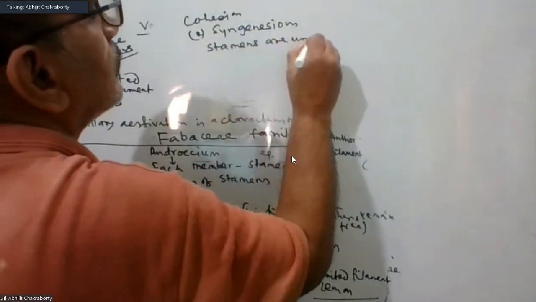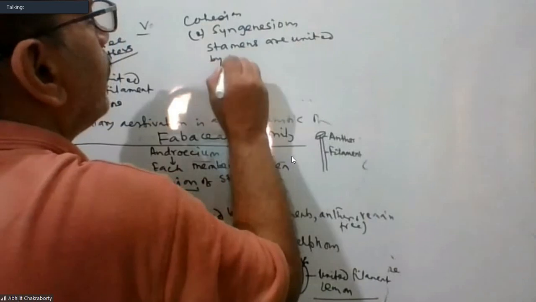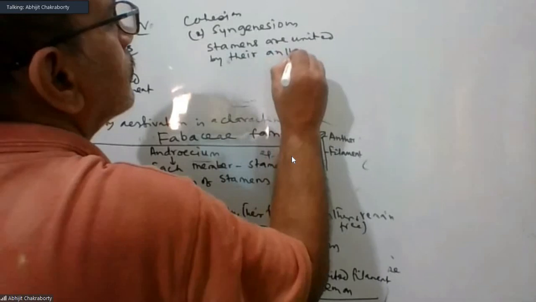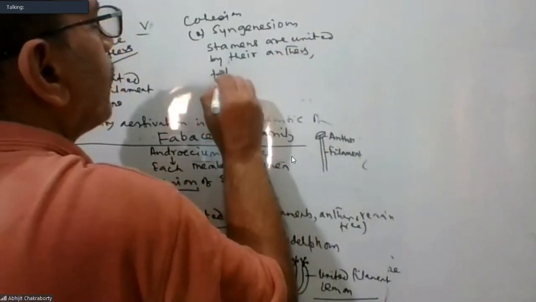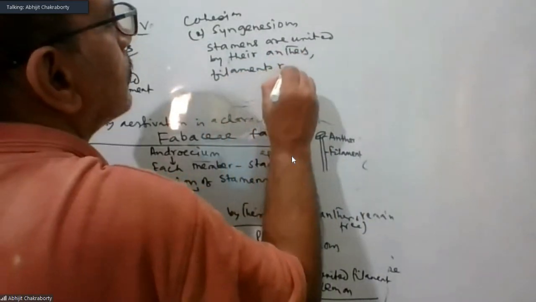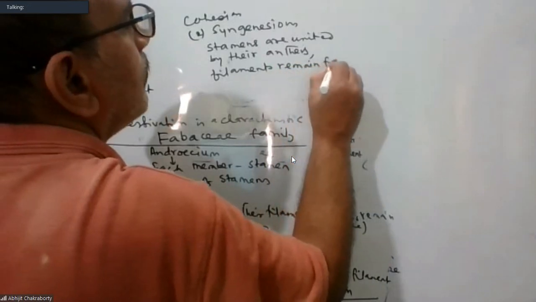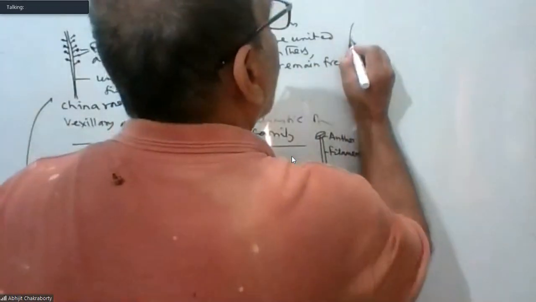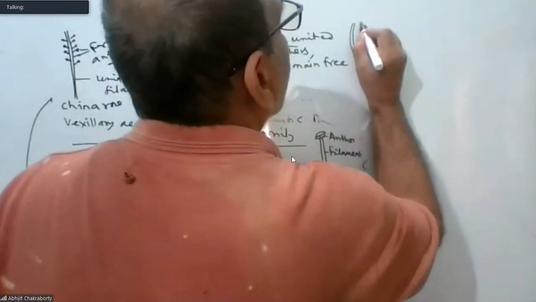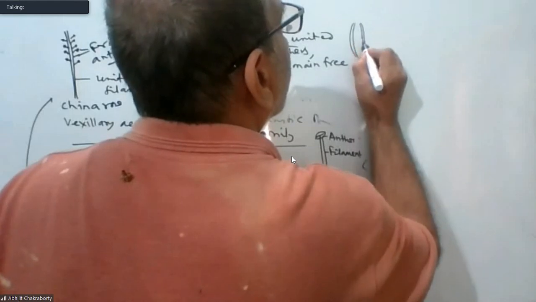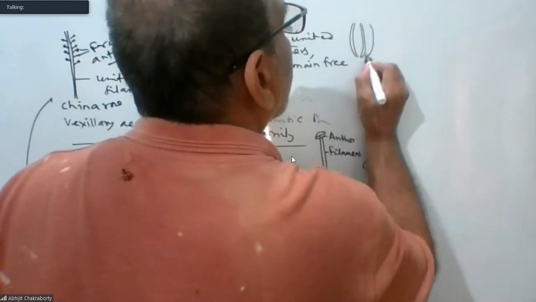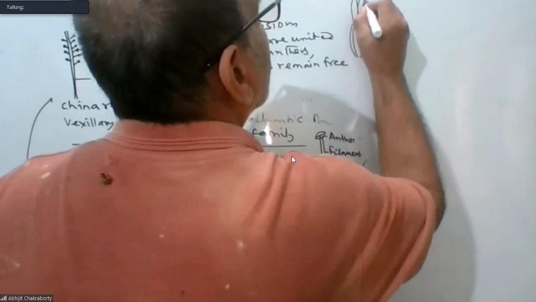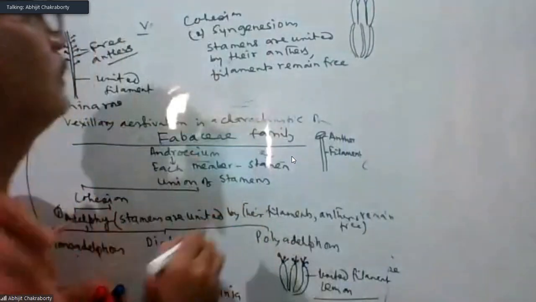Stamens are united by their anthers, while the filaments remain free. That is syngenesious.